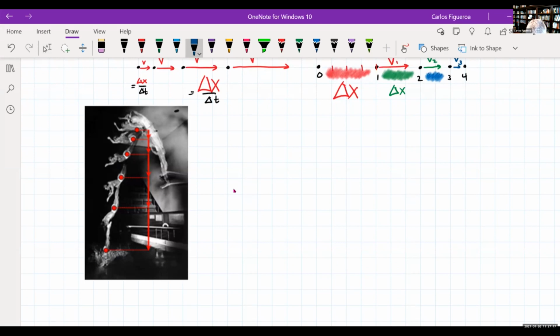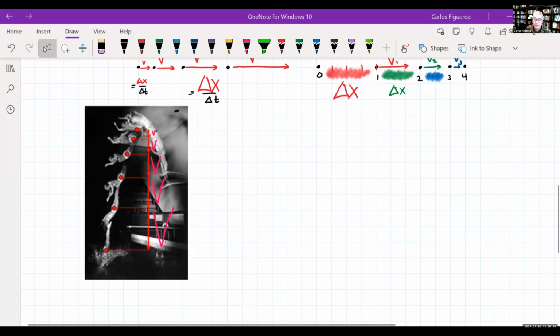Then I put a dot right where his hip was. If I follow the hips, you could see that the velocities are getting larger and larger and larger, telling you that he is actually speeding up. That would be a motion diagram for this situation.